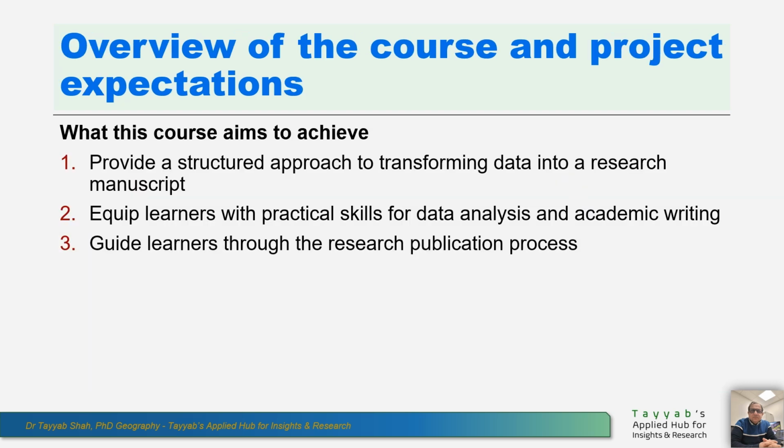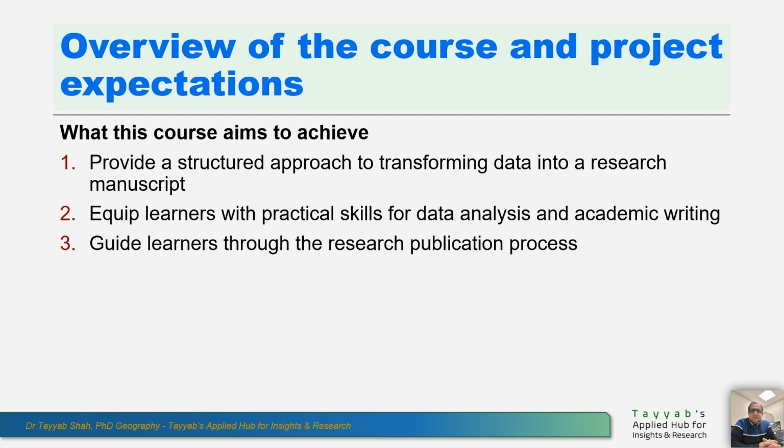So overall, the main objective of this course is to provide you a structured approach to transforming the data into a research manuscript. So that's the main overall goal or aim we are going to achieve by going through all those weeks. And the learner will be equipped with the practical skills for data analysis and writing, and guided through the research publication process as well.